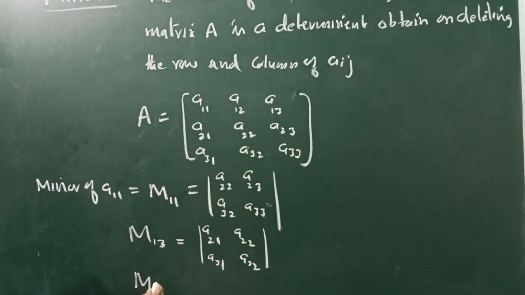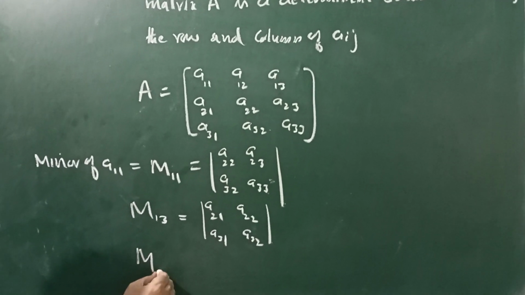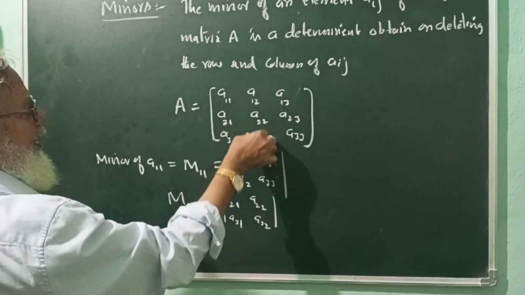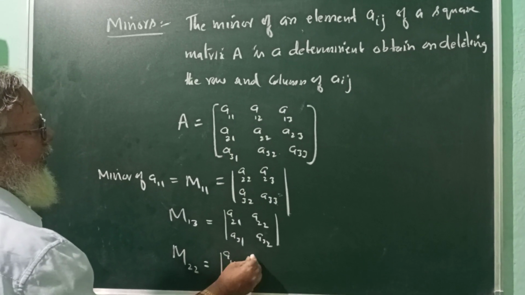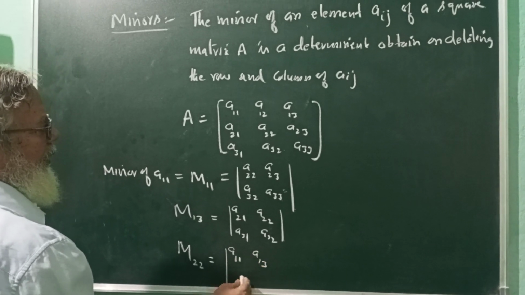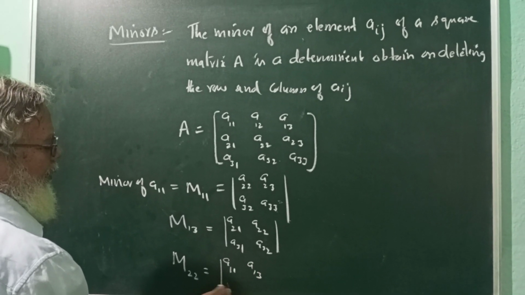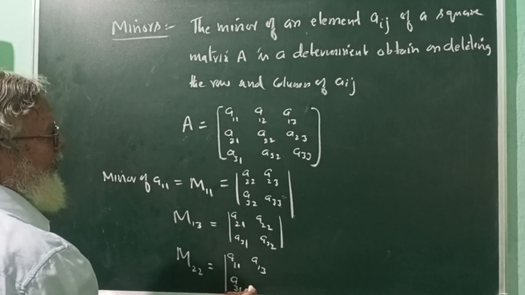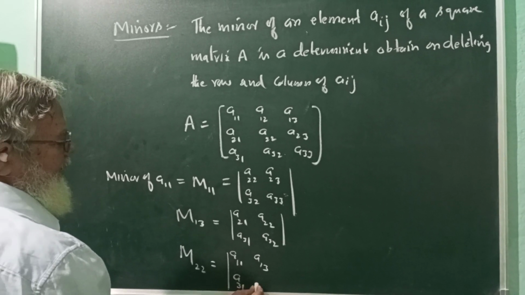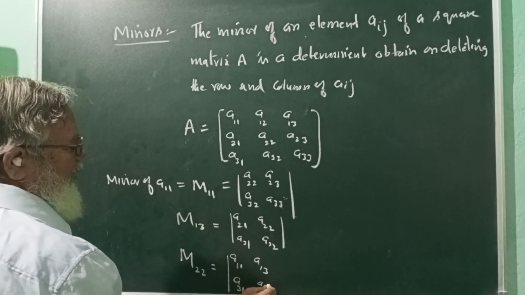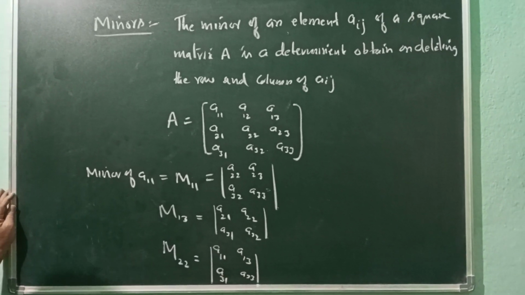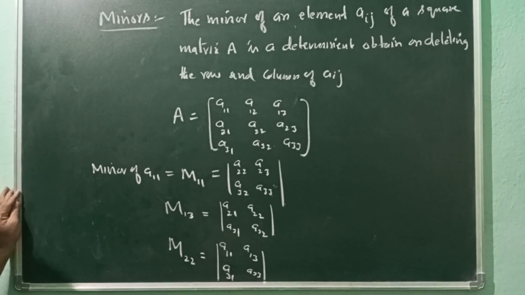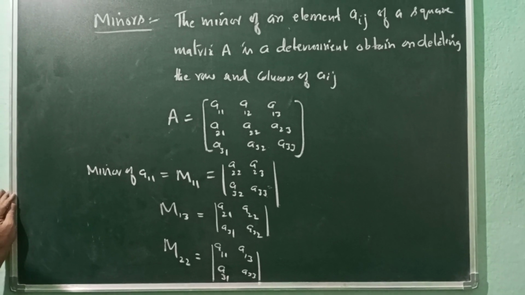Similarly, we can write the minor of A22, given by A11, A13, A31, A33. So like this, we can write down the minor of each and every element of the square matrix.